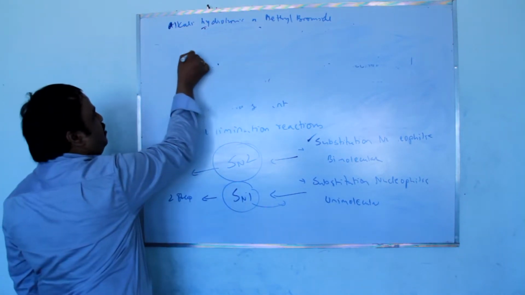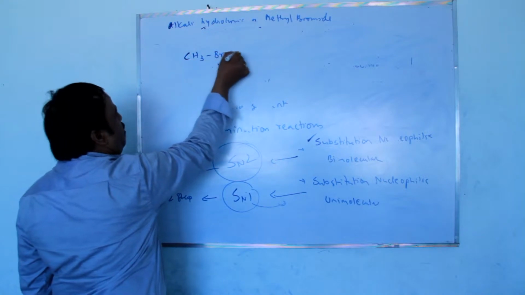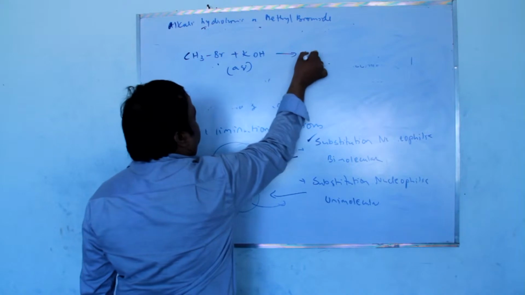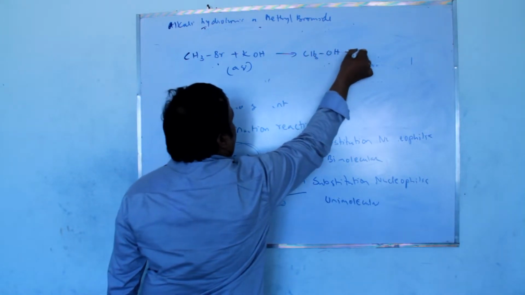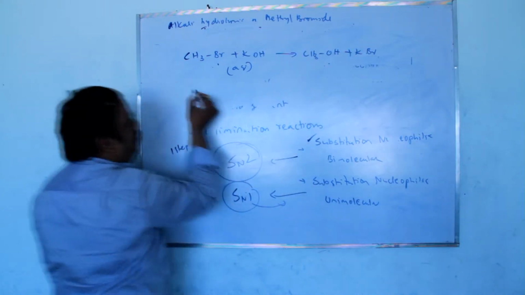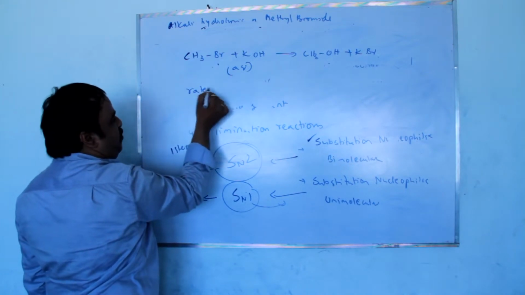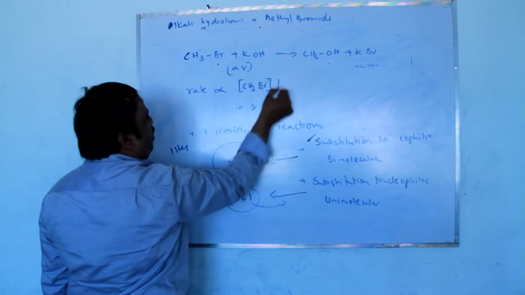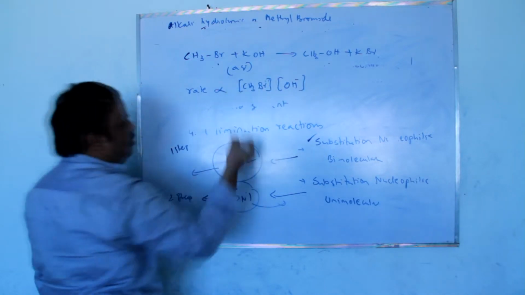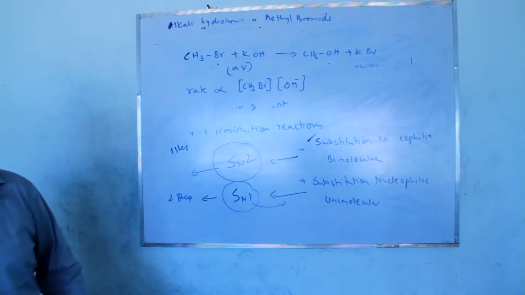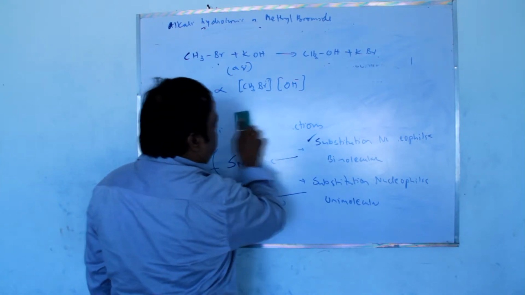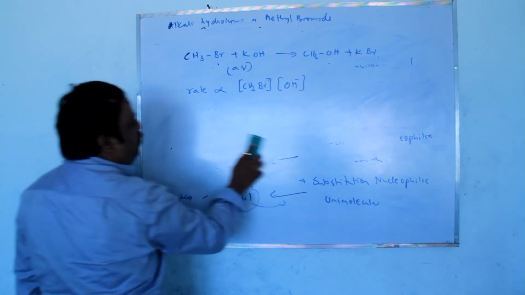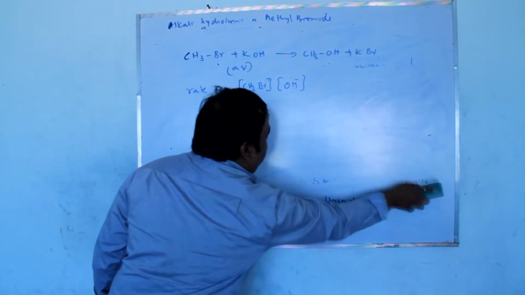CH3Br plus aqueous KOH gives CH3OH plus KBr. The rate of reaction is directly proportional to the concentration of methyl bromide and the concentration of OH minus. Hence it is called nucleophilic substitution bimolecular.